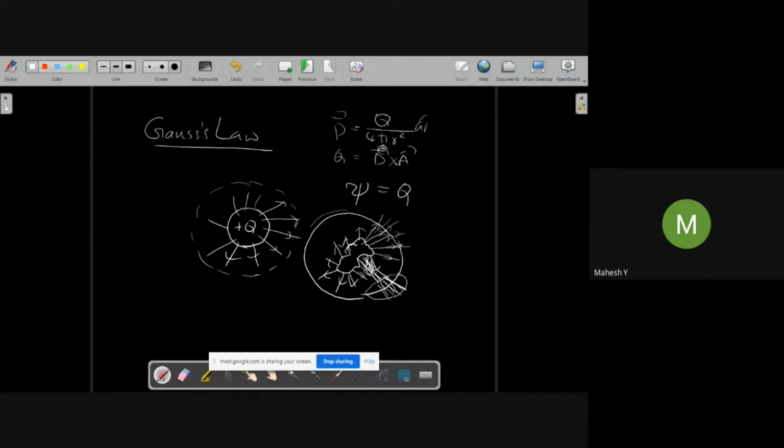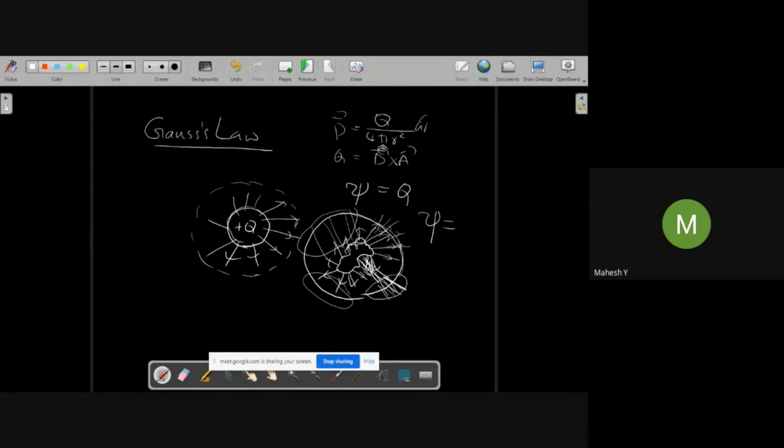Here it is less dense, so less flux will pass here. Here it will be moderate. But if you add all the fluxes through the enclosed surface, what is the total flux? As we discussed, the total flux is due to the charge Q. So psi is equal to Q.